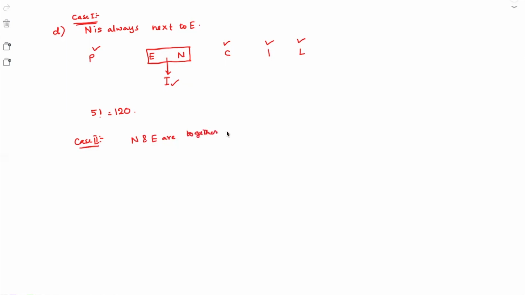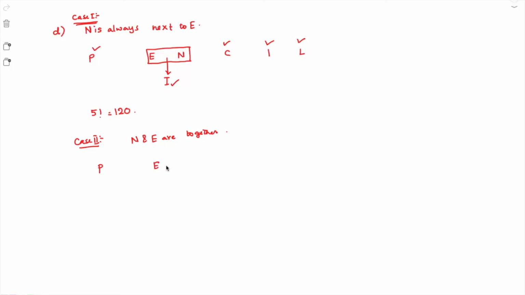What is the difference? In permutation, combination, and later on when you do probability, you will understand the language of the sum is very, very, very important. Why am I saying so? N is always next to E, and N and E are together. How does that change things?